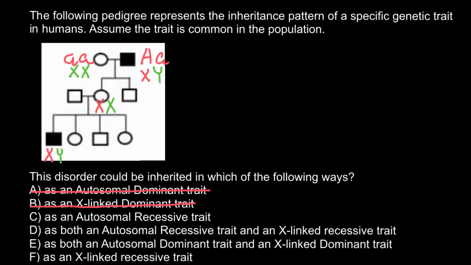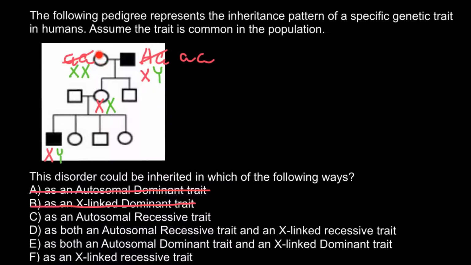Let's consider variant C, an autosomal recessive trait. In this case, the genotype of this person has to be small a, small a. So let's cross out these variants in order not to confuse us. In the case of an autosomal recessive trait, two alleles have to be mutated, have to be defective.